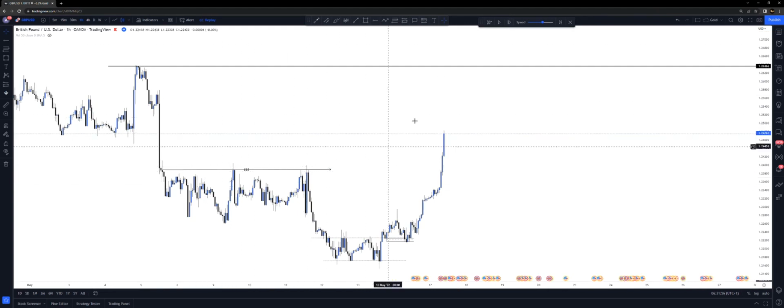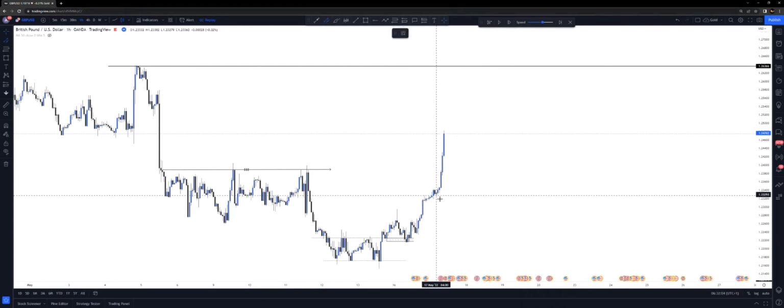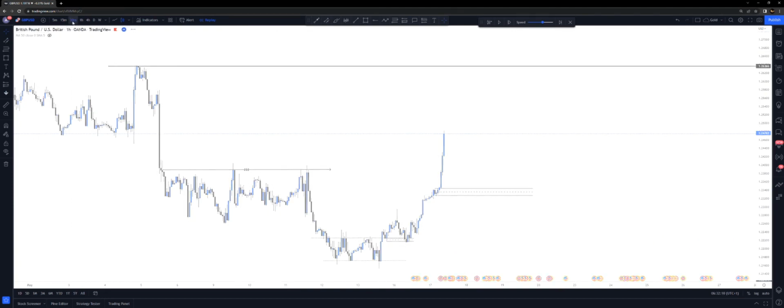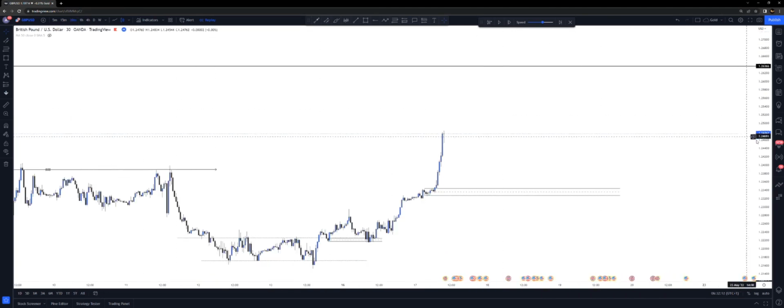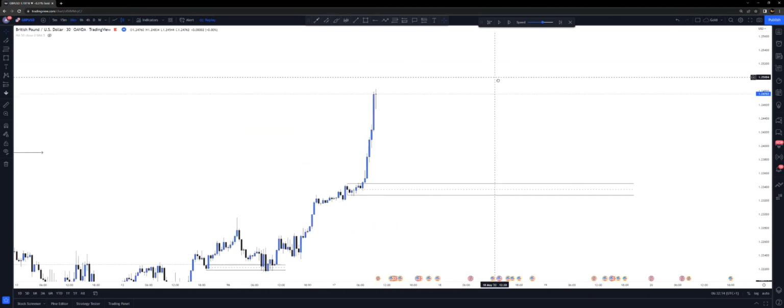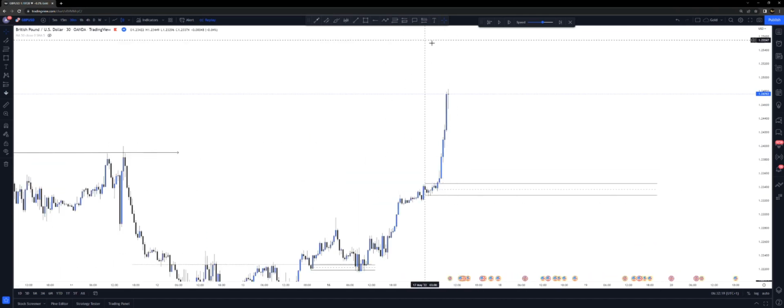Okay, put this on liquidity. Okay, perfect. So also we want to wait for the price to get back to the same level. So we'll look for another buy.